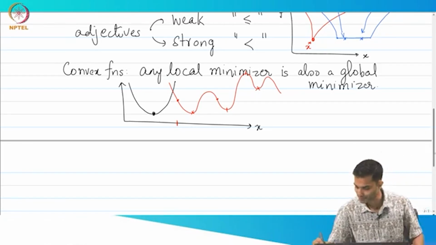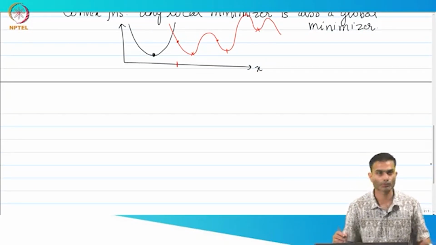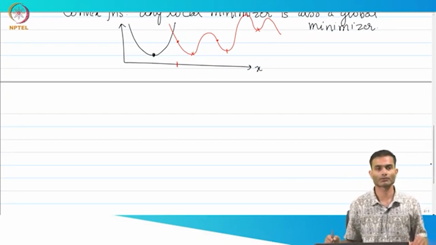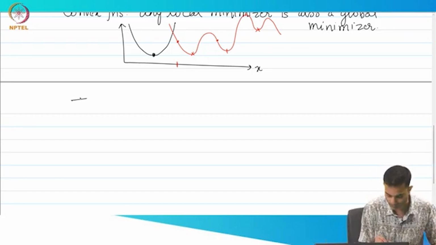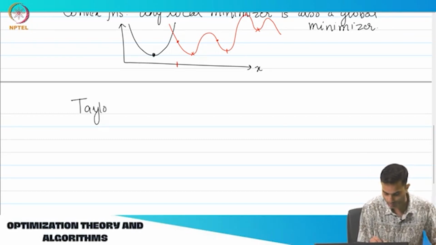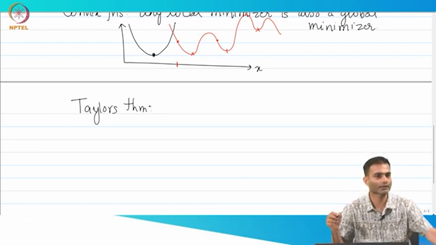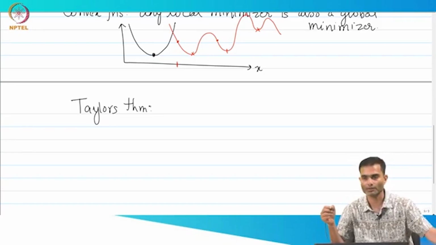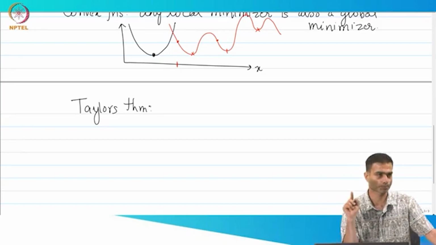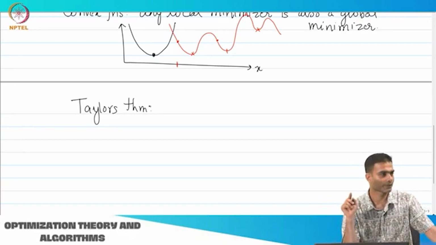Okay, so let's come to perhaps the most useful theorem in this course, which is Taylor's theorem. You've all seen Taylor's theorem in class 12 for scalar variables, scalar functions. Now we are going to generalize it without proof for the multivariable case.